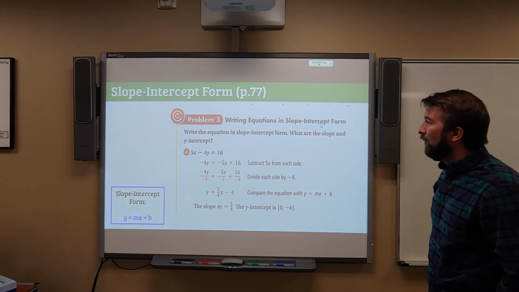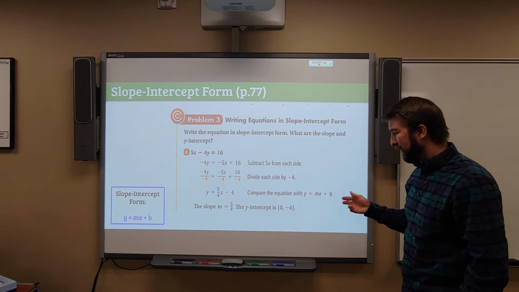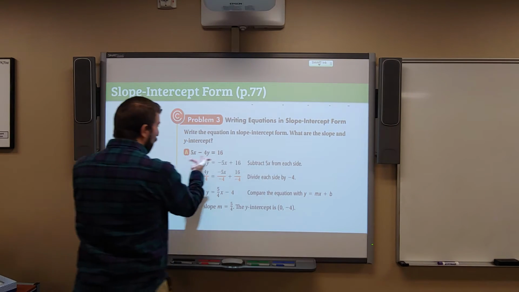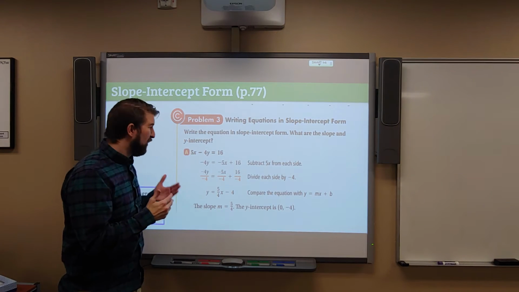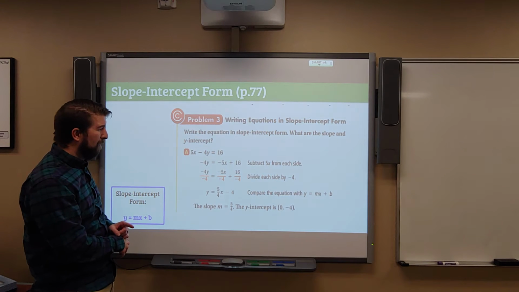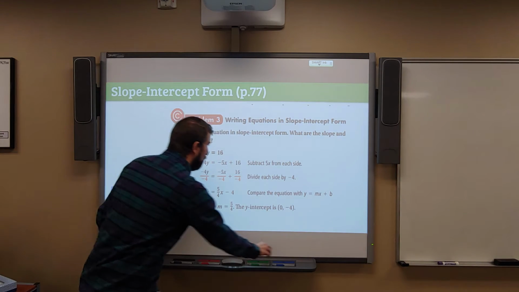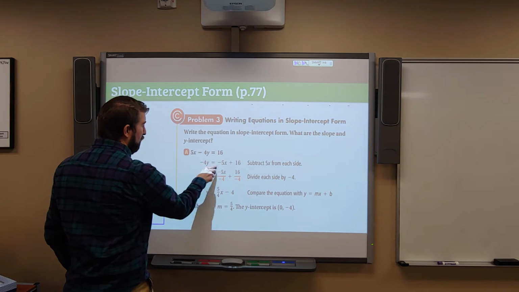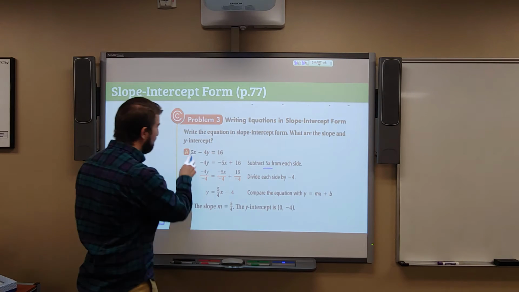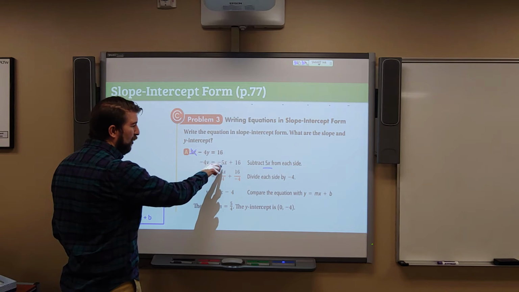All right, so it says write the equation in slope-intercept form. What are the slope and y-intercept? Right here, it gives us an equation. The way we need to do it is we need to get it to look like this: y equals mx plus b. So we need to get the y all by itself. The first thing we do is subtract 5x from each side. It's going to cancel out over there and move over here.